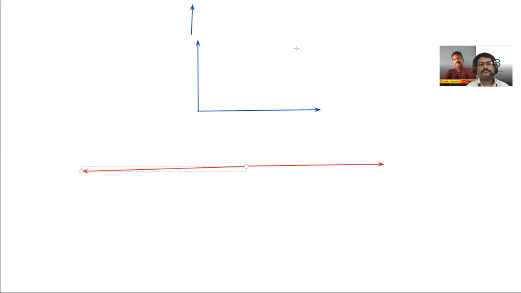Next, this is called 90 degrees. After 90 degrees, this angle occurs. Because it is greater than 90 degrees, this is called obtuse angle.